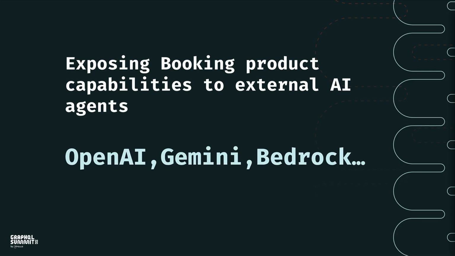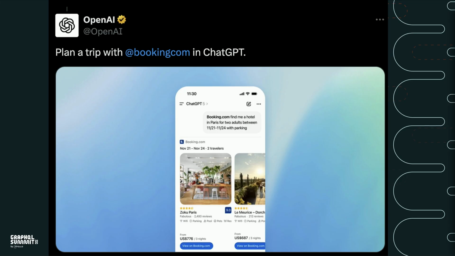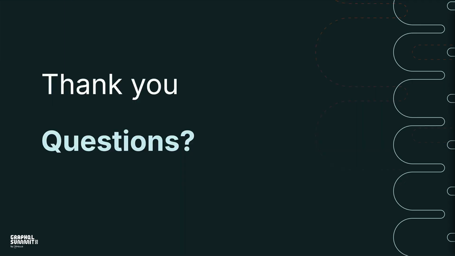As Minge shared before, we are experimenting with some capabilities, and we opened it to ChatGPT and OpenAI, but we want to extend it and make it consumable by various external AI agents. As you can see, we are stepping towards that, but there will be more to come in this area. These are all the things we will be sharing today. Thanks for listening to us, and if you have questions, you are very welcome to ask them.